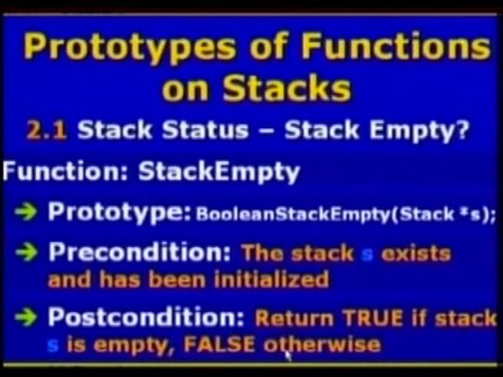Otherwise, it's going to return false, 0. So a yes means true, means 1 as a return value for this function. I could call it of type Boolean, or I could make it of type integer, and then I will return 1 or return 0, whether it's empty or non-empty as it goes.